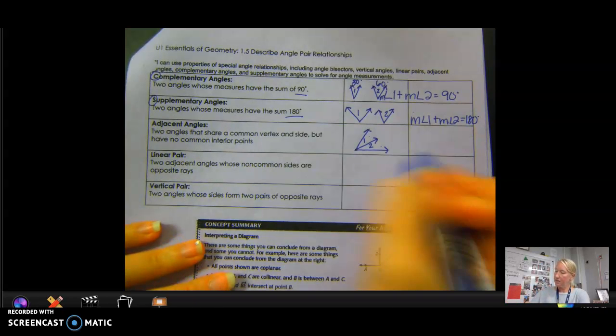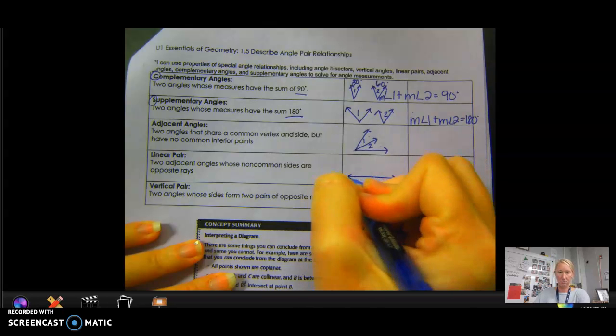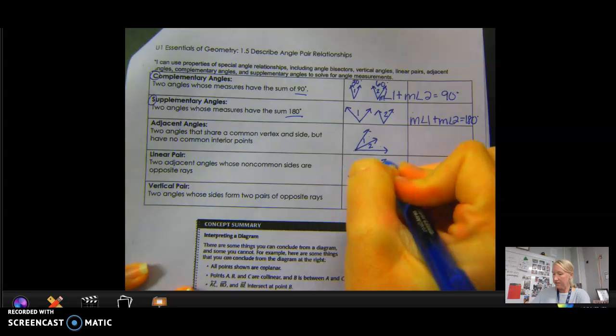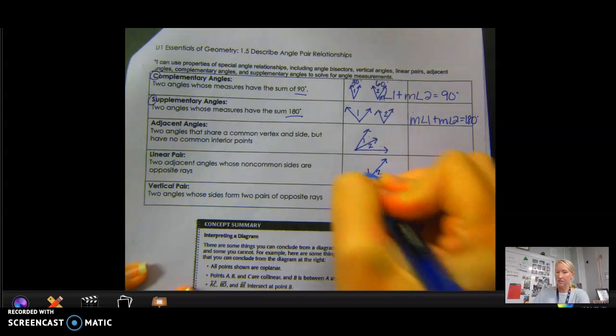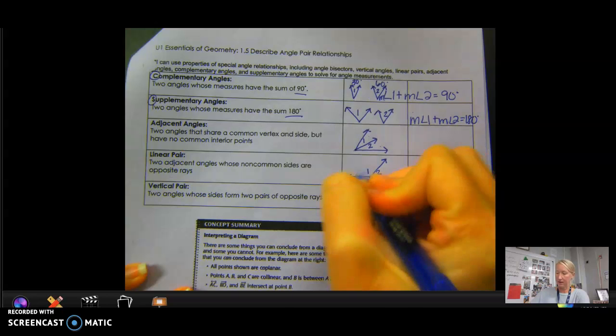A linear pair adds to 180 also. Okay? So it's supplementary in theory. However, they are also adjacent angles. So they have to be two angles that create a 180 degree linear pair, okay?